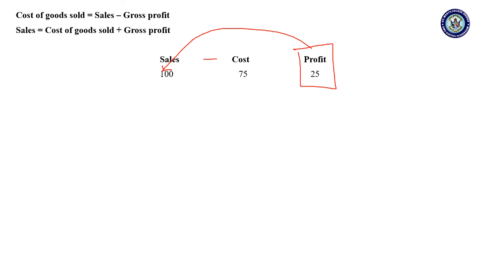Sales is equal to cost plus profit, so if you add profit to cost, it should be 100. So it is 100 minus 25, which comes to 75. So sales, cost, profit: 100, 75, 25.